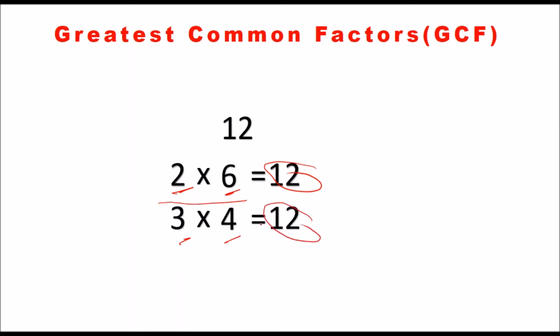So we continue. Also we can take 1 times 12 itself, which gives us 12. So we can conclude that 2, 6, 3, 4, 1 and 12 itself are the factors of 12.